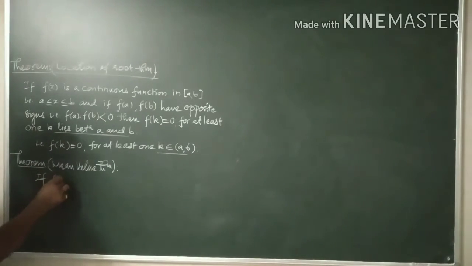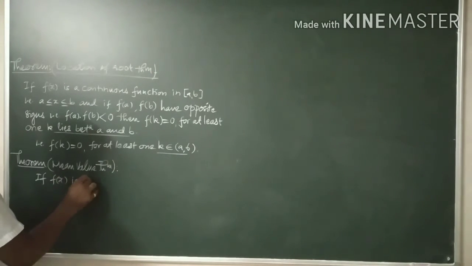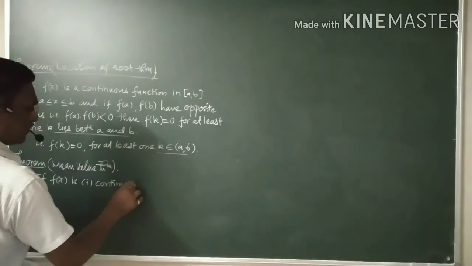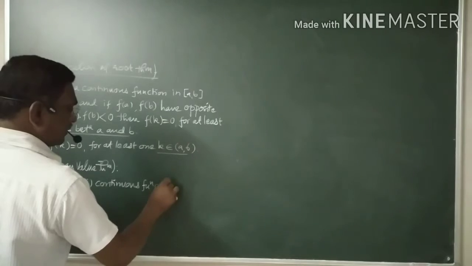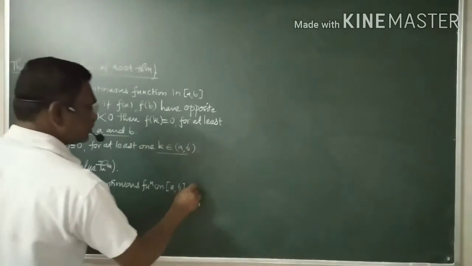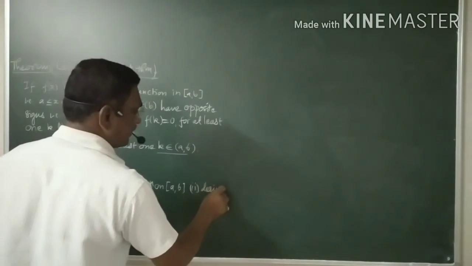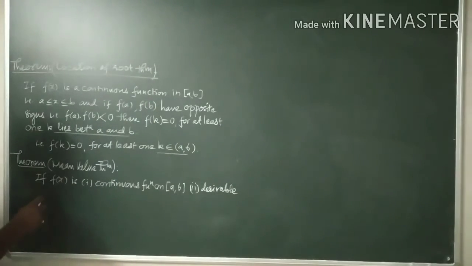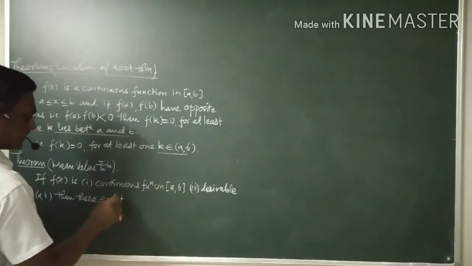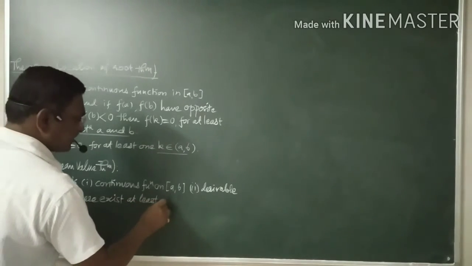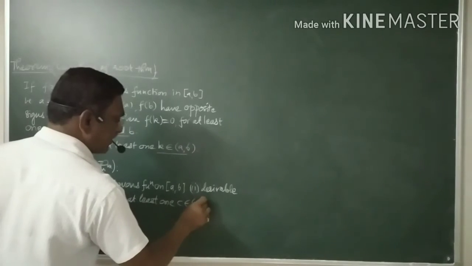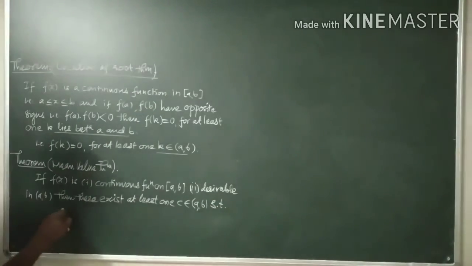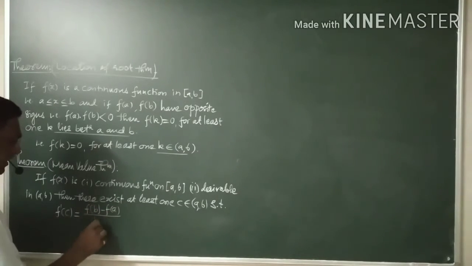If f(x) is, number one, a continuous function on a closed interval [a, b], number two, derivable, or differentiable, in the open interval (a, b), then there exists at least one c belonging to the open interval (a, b) such that f dash of c is equal to f(b) minus f(a) divided by b minus a.